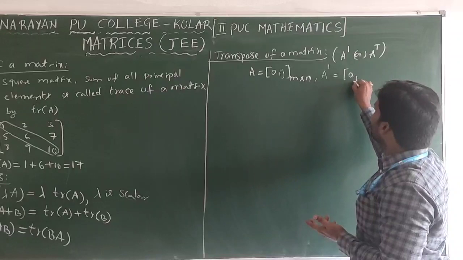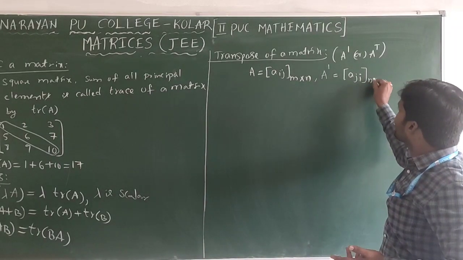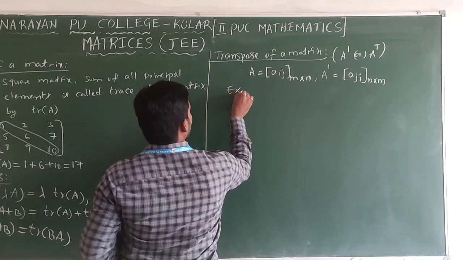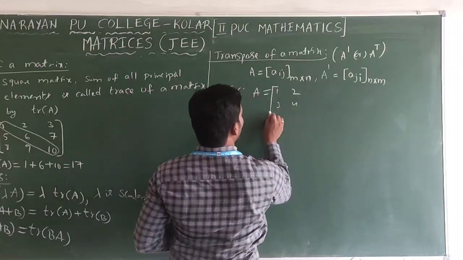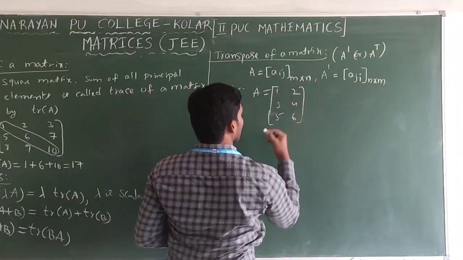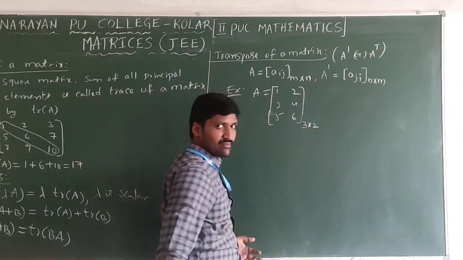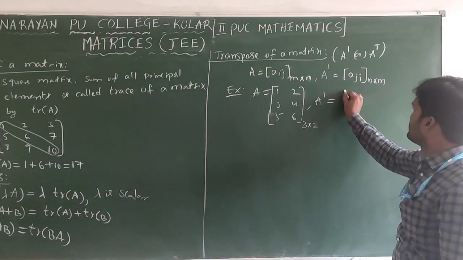Now what will you get here? a_ji. Rows and columns are interchanged, so n by m. For example, matrix A is given as 1, 2, 3, 4, 5, 6. What is the order of this matrix? 3 rows and 2 columns. You want to find the transpose of this matrix, A dash.